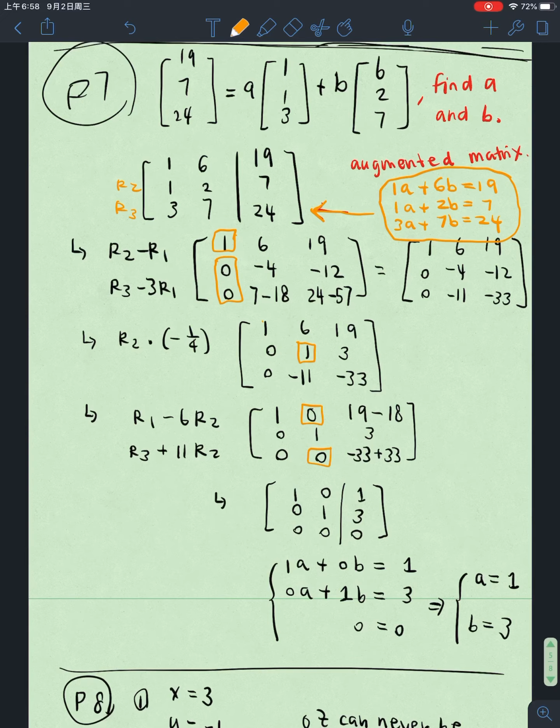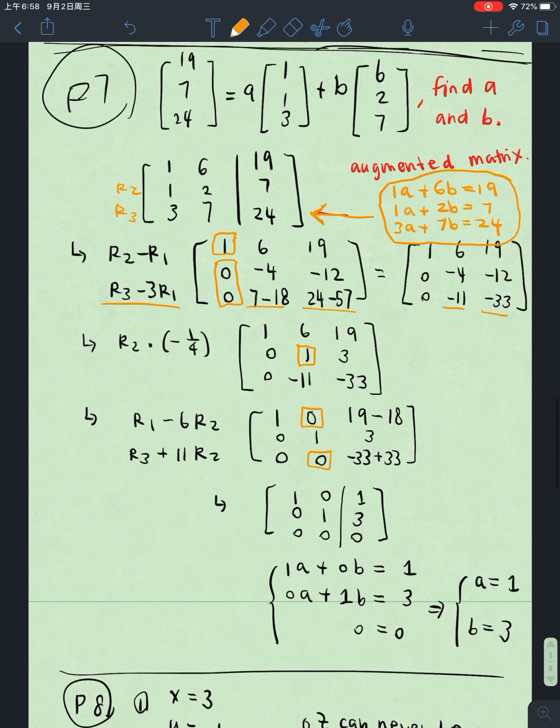And row 3, because it's 3, will be row 3 minus 3 times row 1. You perform the same thing to all the coefficients in this row, and get 7 minus 18, which is negative 11, and 24 minus 57, which is negative 33.